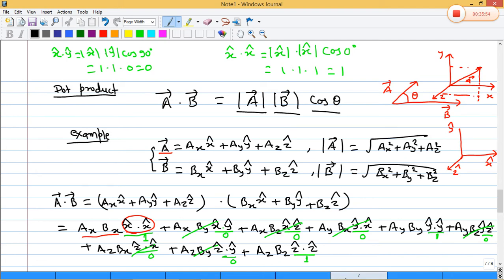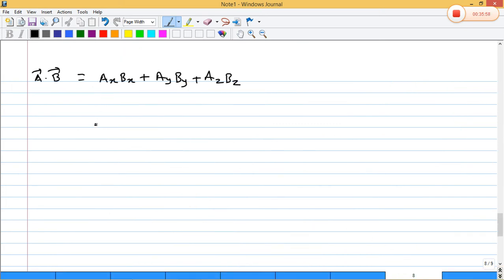Another thing is the orthogonal vector. So if two vectors are orthogonal or perpendicular, suppose one vector is this and another vector is this, meaning A vector and B vector are along this.